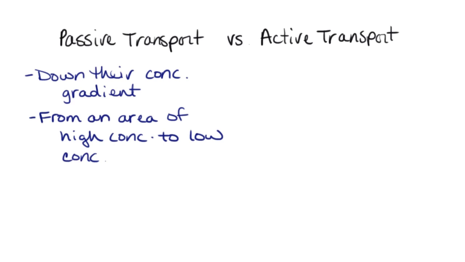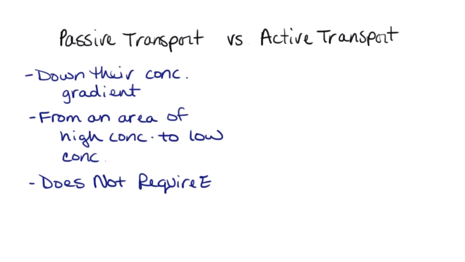And when we have molecules that are moving down their concentration gradient, it's like a ball rolling down a hill. That is the direction that molecules tend to move. It's the natural tendency. And so what goes along with this is the fact that this does not require any energy. So no energy is going to be required.